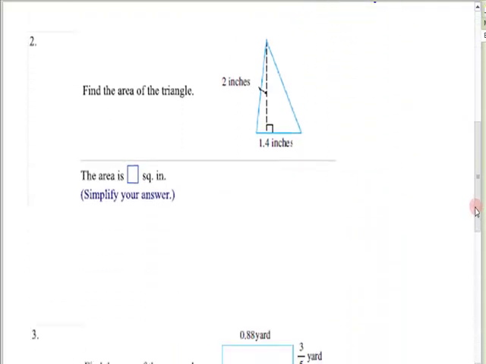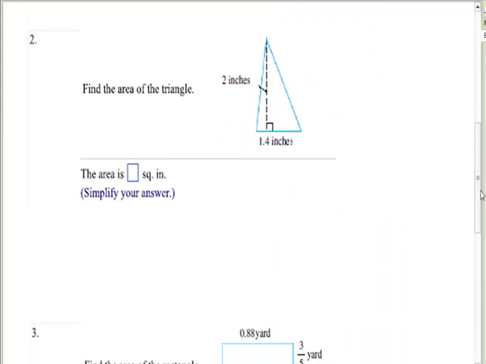All right, let's look at our next one. Find the area of the triangle. Okay, area is, this time I'm just going to do the problem once, 0.5 times base times height. Area is 0.5 times the base is 1.4 inches. The height is 2 inches.